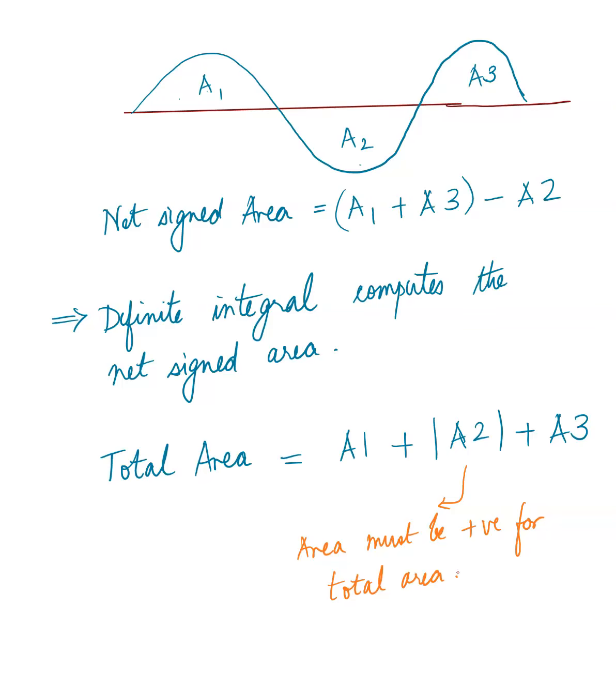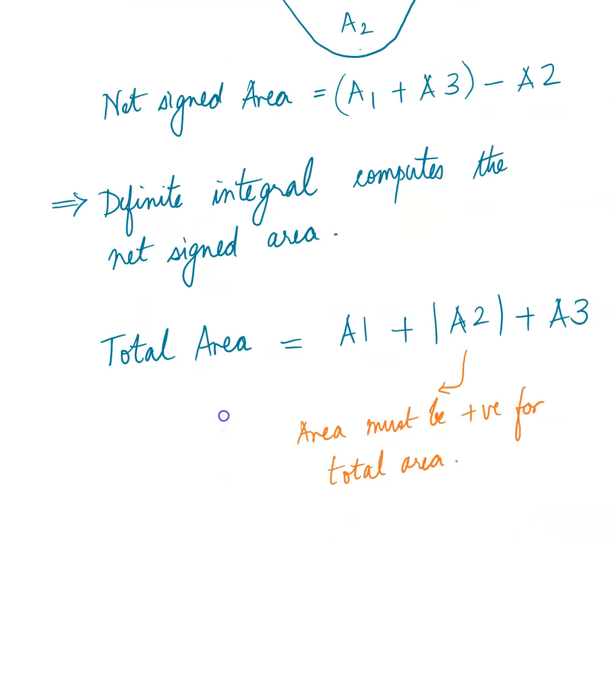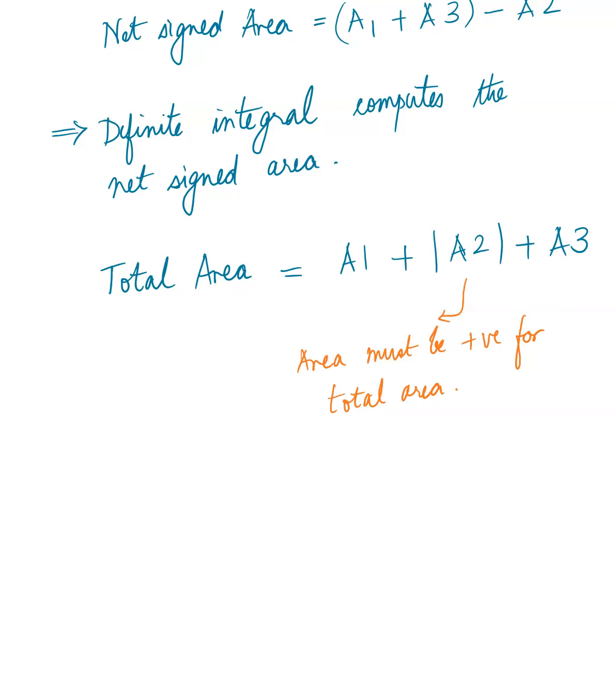We just want the total area. Therefore, when we find the definite integral, we're going to have trouble because it's going to do the net signed area. So for total area, we have to remember to take the absolute value of the function in order to get the positive area for all the portions that are either above or below the x-axis.